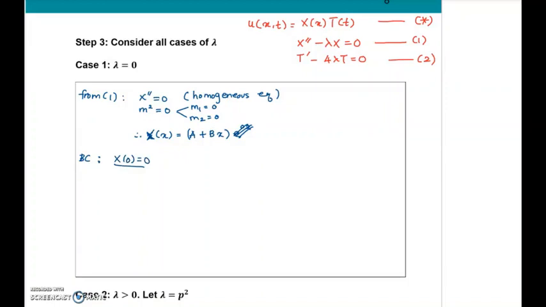If we apply it to the equation above, we have 0 equals a. So straight away, we update our solution: X equals bx only. We still have b that needs to be determined, so we use the second boundary condition, X of 1 equal to 0, which simply means when small x is 1, the capital X is 0. So b is also 0.